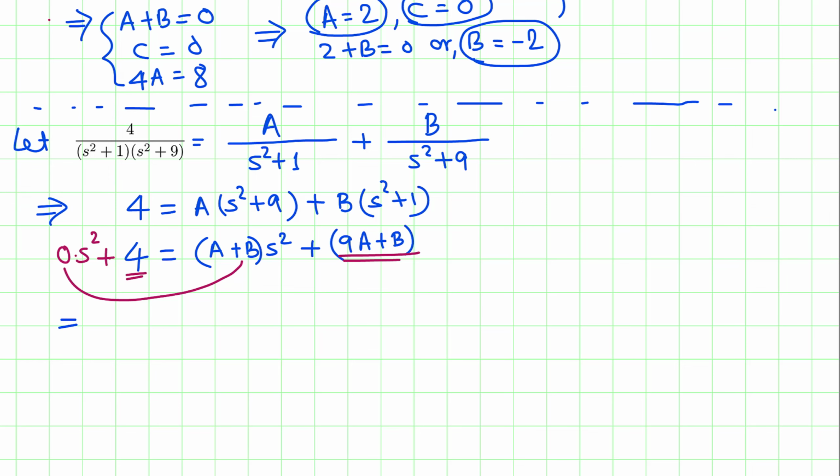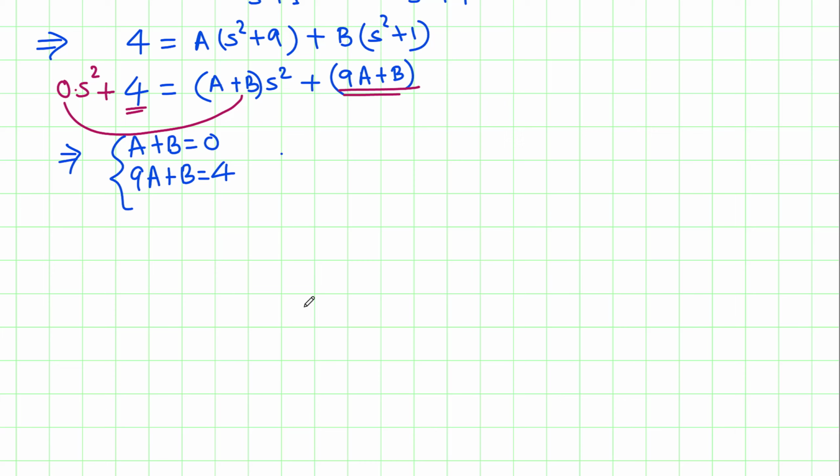So this implies a plus b equals 0 and 9a plus b equals 4. Let's solve for a and b. To solve this system of linear equations, we have several methods: substitution, elimination.